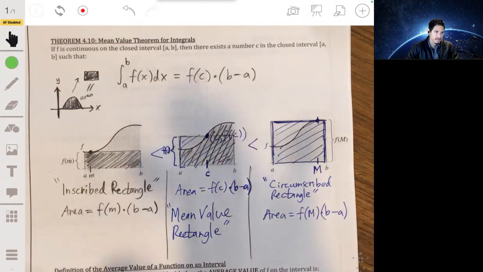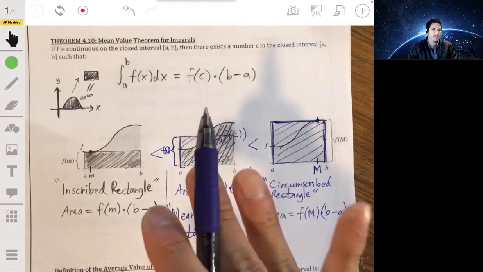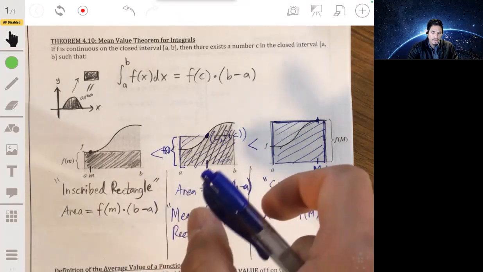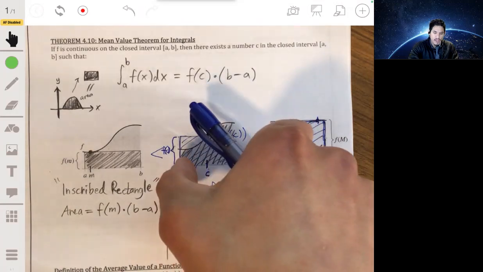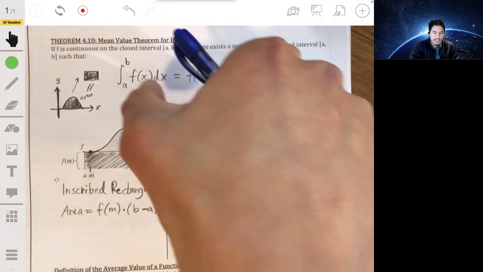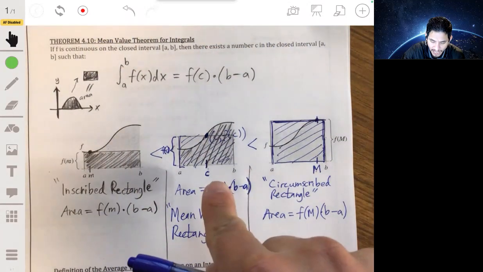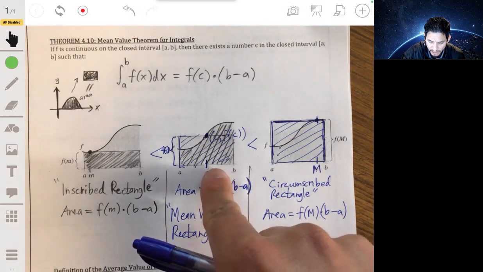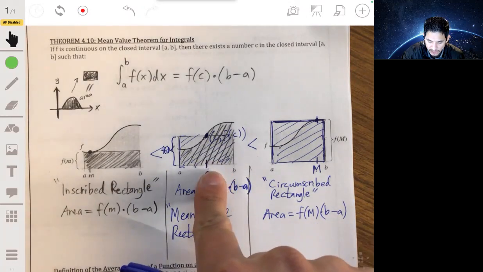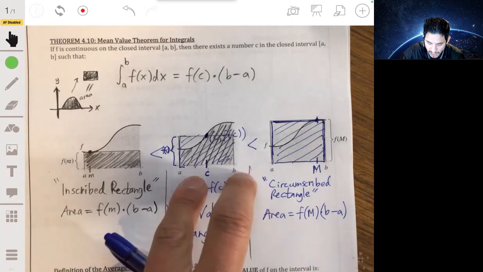So again, it's basically saying that you can create a rectangle that has a width that's the same as the length from a to b, and a height that can be found by taking the function evaluated at c between a and b.